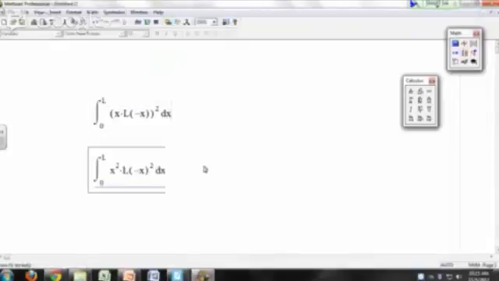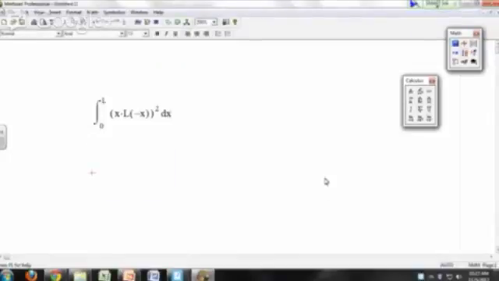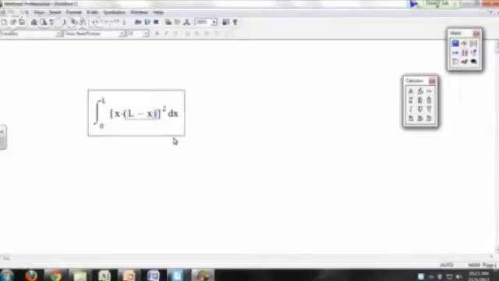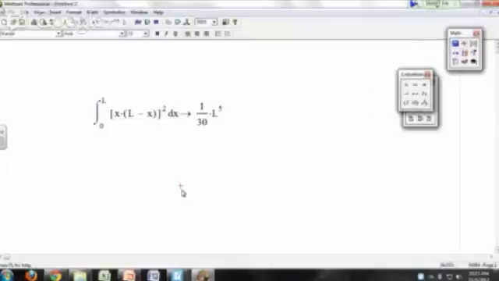Evaluate symbolically. Oh, sorry, L minus x. Right there. That's L to the 5th over 30.